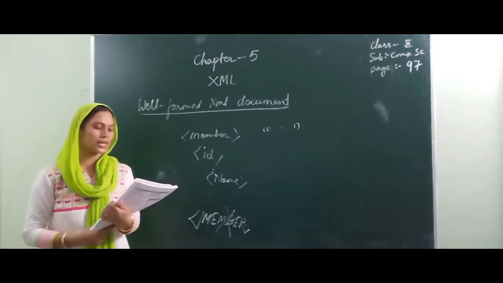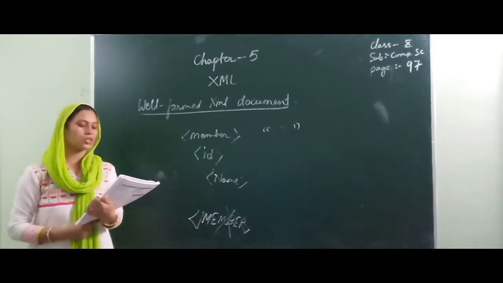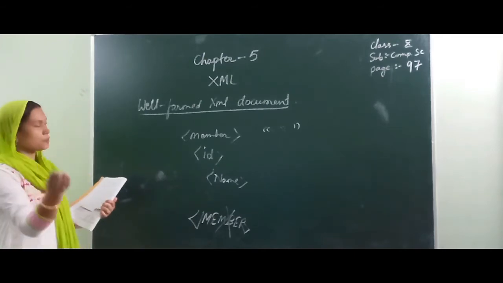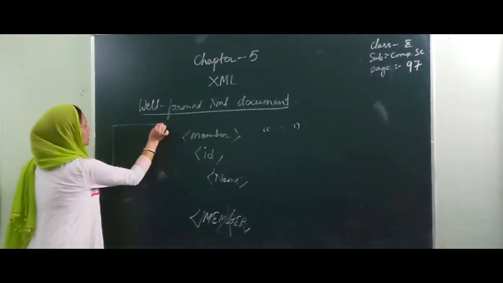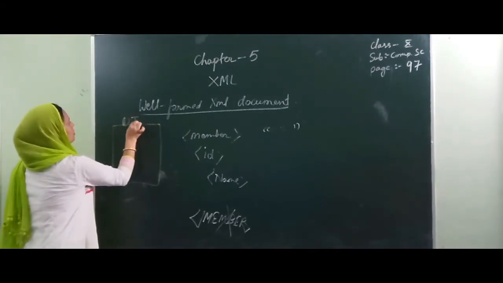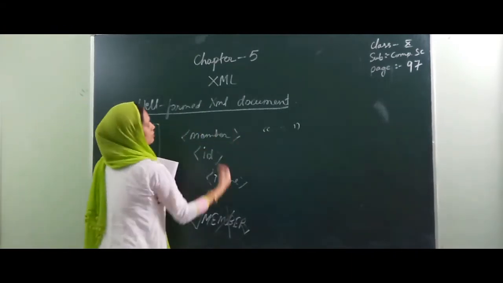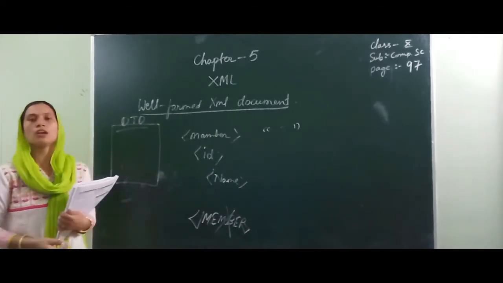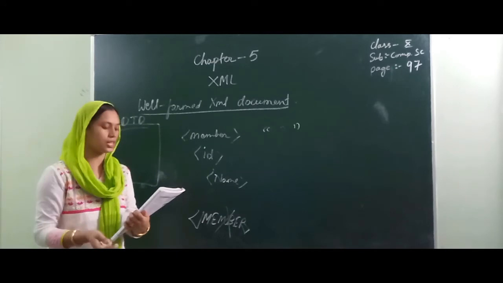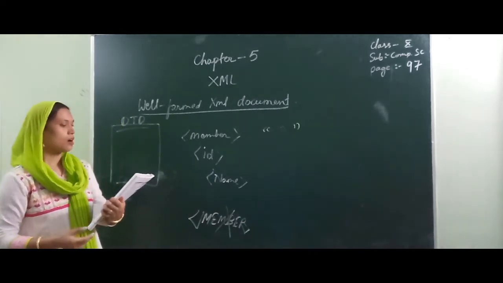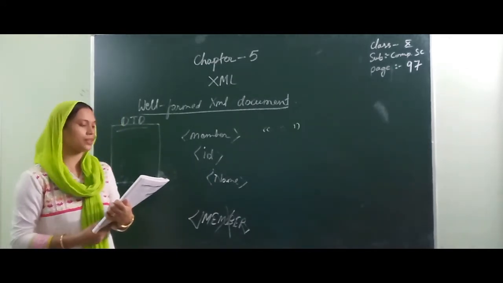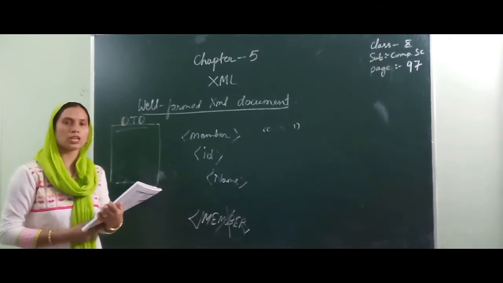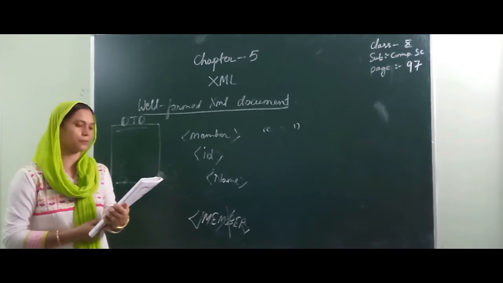And the next one is the structure of the XML document must match the structure defined in the DTD. That means what you have defined in the DTD, that list should match with your XML coding. If it is mismatched, then your XML document is invalid. So we have to keep in mind these 2 points to identify whether this XML document is a valid document or invalid document.